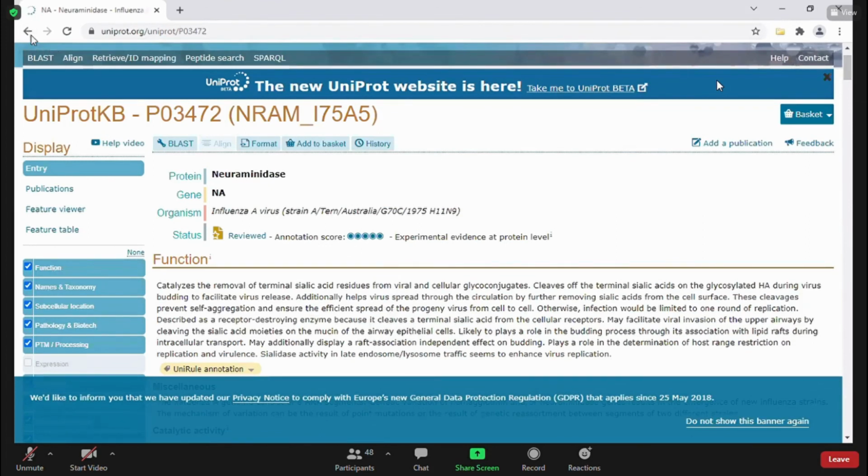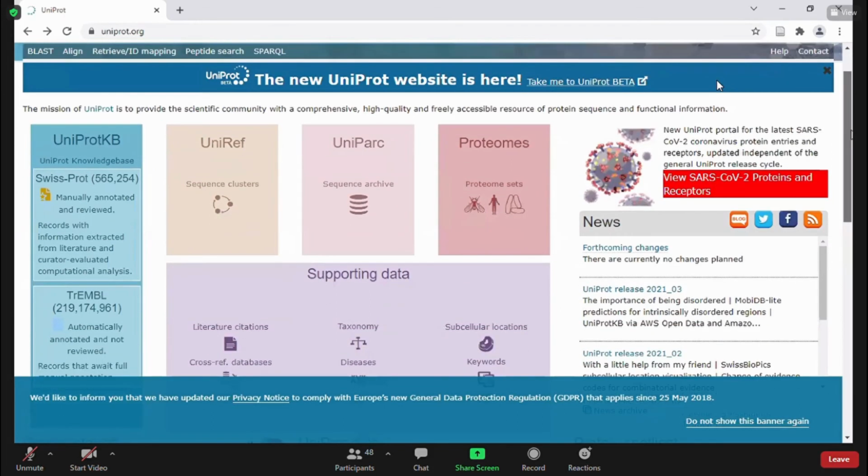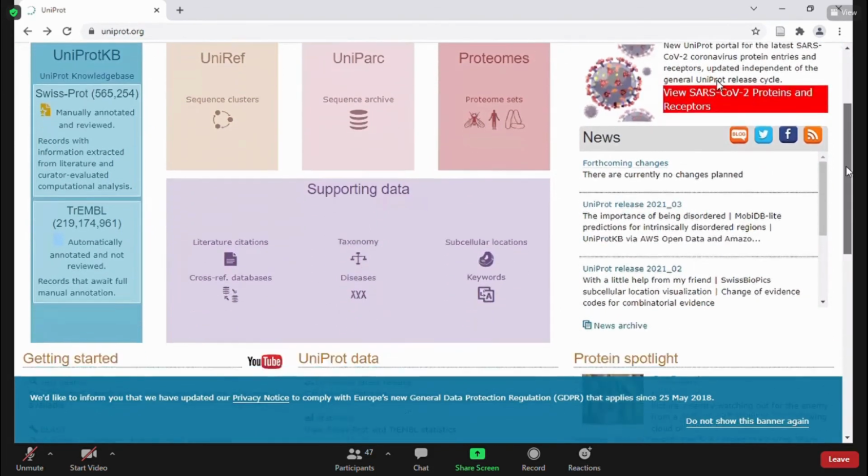You just put in the search column here. COVID-19, you know, you can see spike protein, all the mutation, all the variants. Have fun. Yeah, please have fun with this. Yeah, spend your weekend with this. You know, to get as many information that you want.